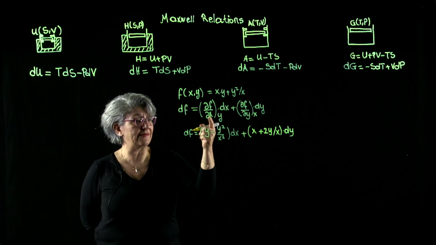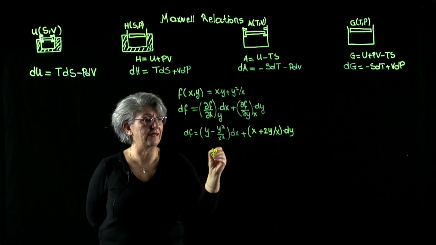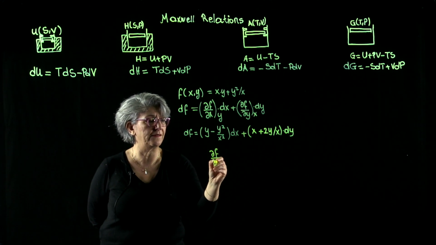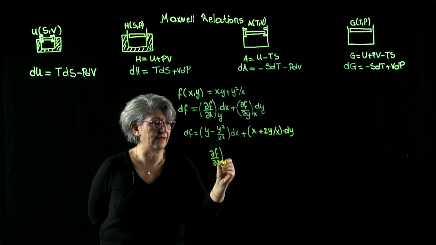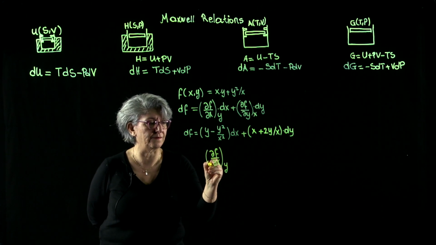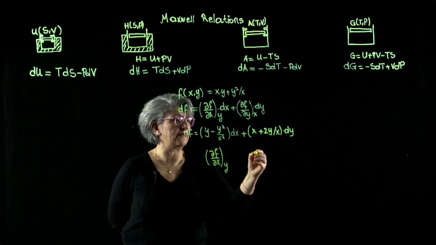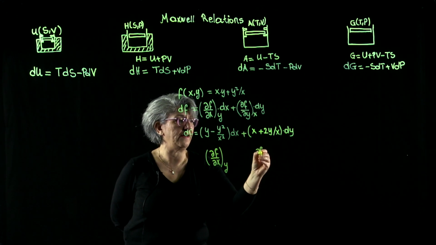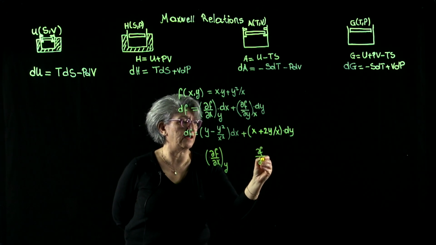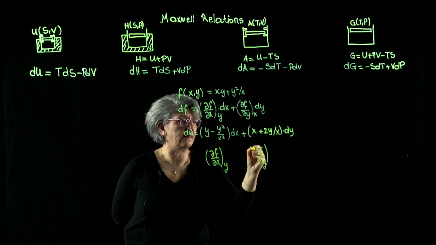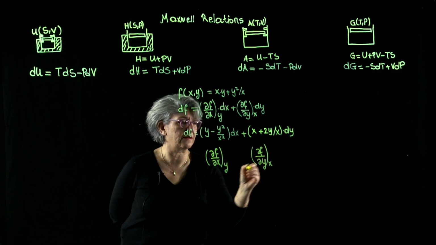So I have taken the derivative of function f with respect to x and kept y constant. And here I have taken the derivative of f with respect to y and kept x constant.